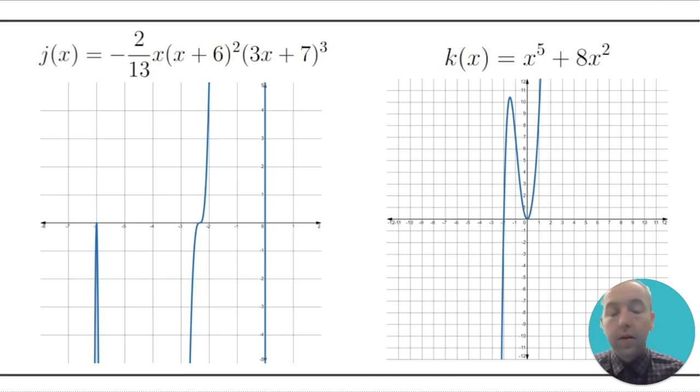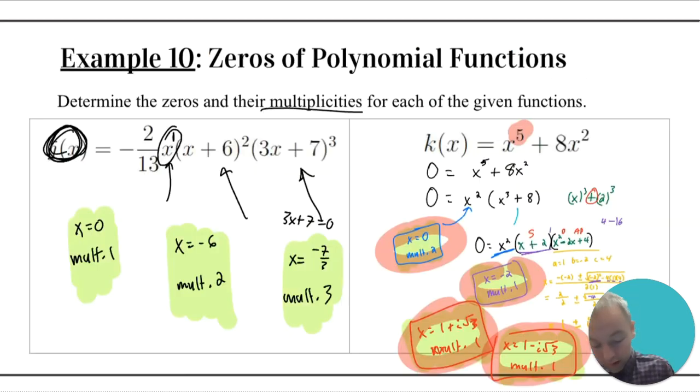To help that all make sense, you can see in the graphs for these 2 examples that we just did that for this graph, we had zeros at negative 6, negative 7/3, and 0, which is exactly what we got: 0, negative 6, and negative 7/3.